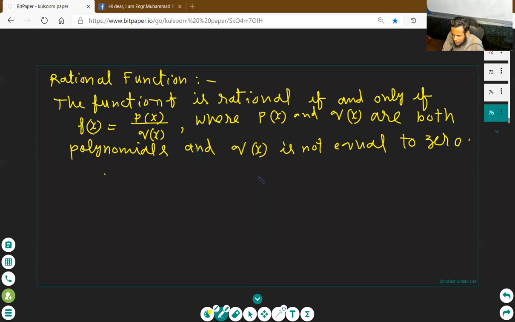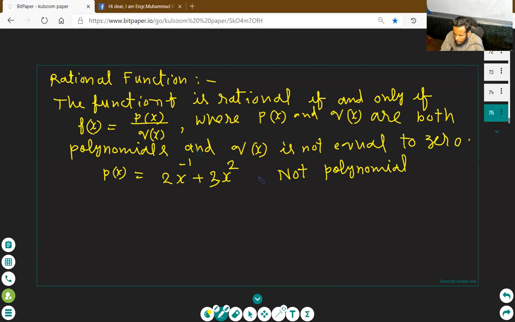I give you P of x: 2 raised to power x raised to power minus 1 plus 2x plus 3x raised to power 2. Is this polynomial or not polynomial? No, it's not. What is the reason? It has a negative exponent.